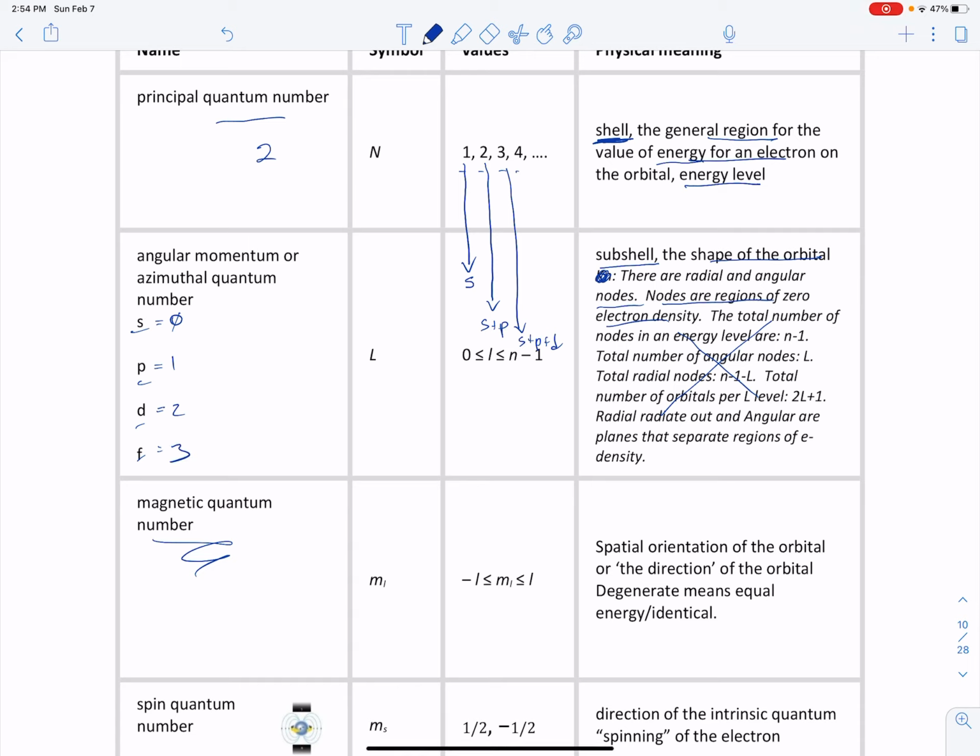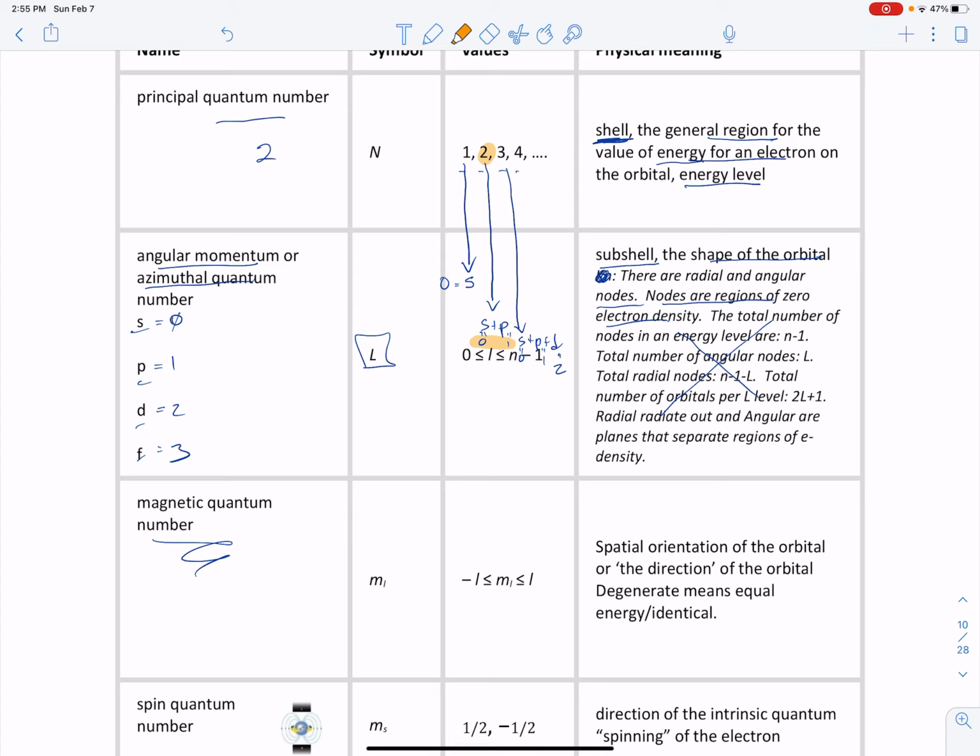So for example, this S, its azimuthal or angular quantum number, or L value, would be 0. All S's are 0. All P's are 1. All D's are 2. Now you'll notice that with this numbering system, these are the only 2 possibilities that will fit in a second energy level.